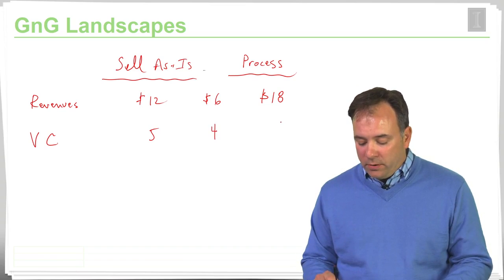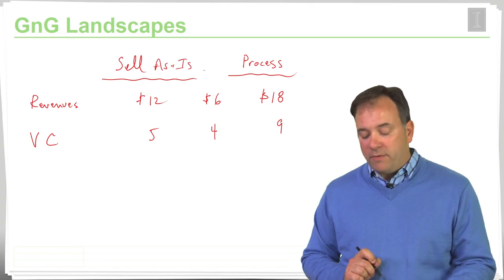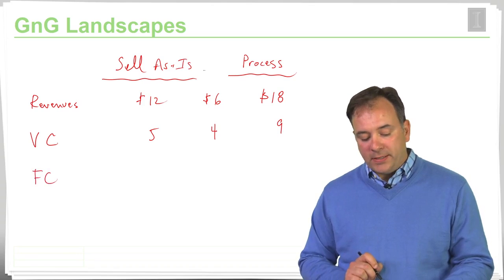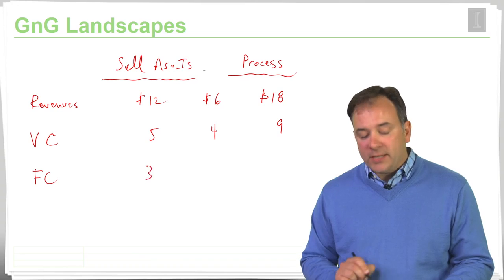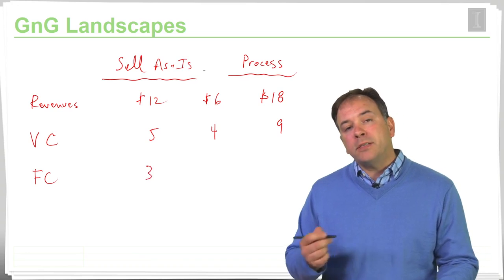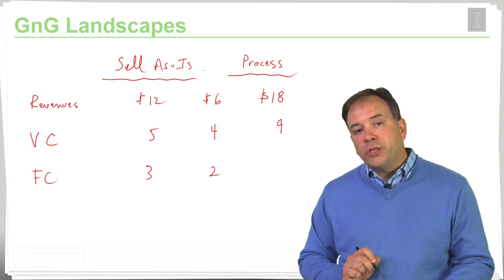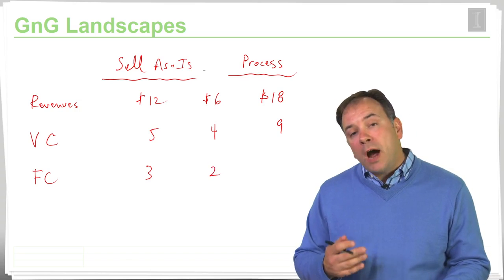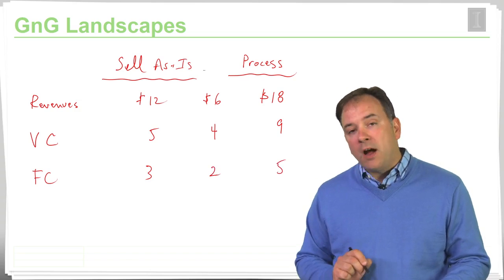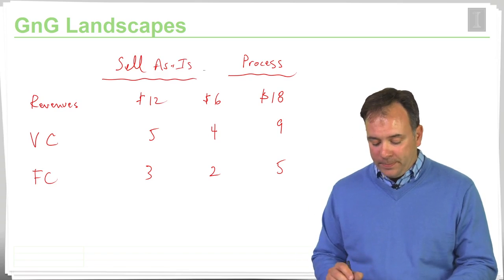And so therefore, processing further results in variable costs of $9. The fixed cost on a per unit basis is reported as $3 per unit. And if we were to process the roses further into the long stem variety, our information says that we would incur $2 more in fixed costs per unit, yielding $5 per unit if we were to process the roses further.